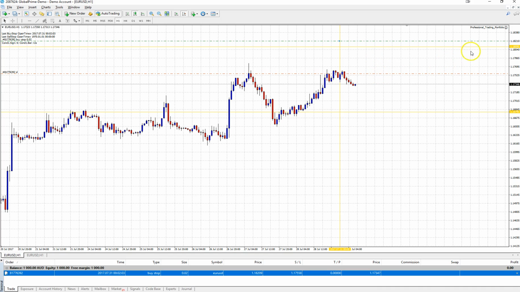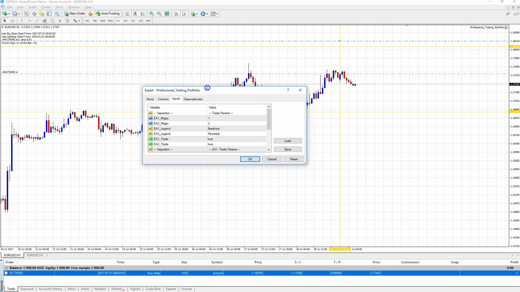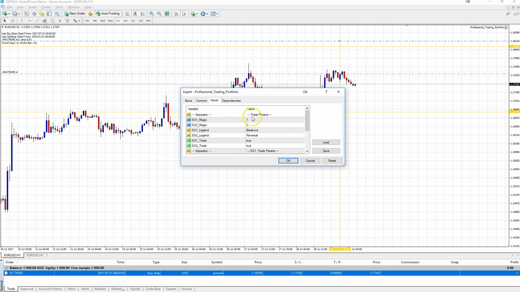And I'll just have a quick look for you at the settings of this system itself. So here we have the two systems. Magic number 1 refers to the breakout system, and magic number 2 refers to the reversal system.